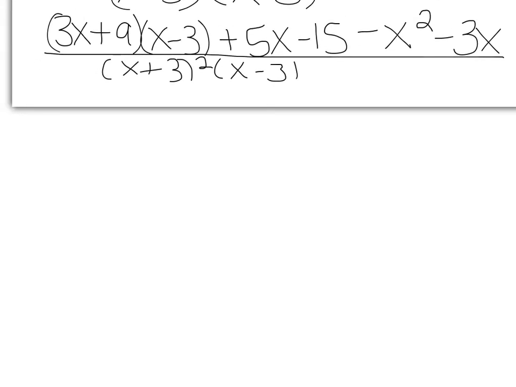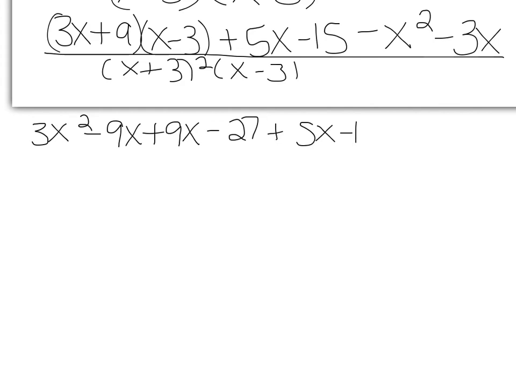So now let's go ahead and double distribute here. We've got 3x squared minus 9x plus 9x minus 27. So plus 5x minus 15 minus x squared minus 3x. These are going to cancel each other out.